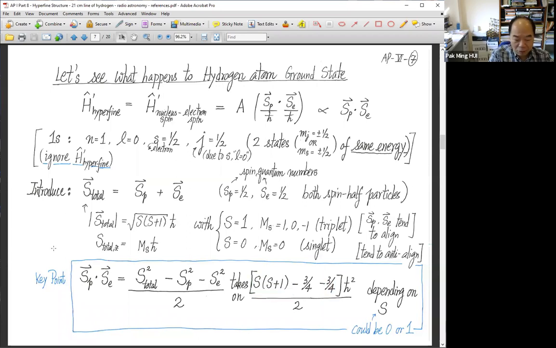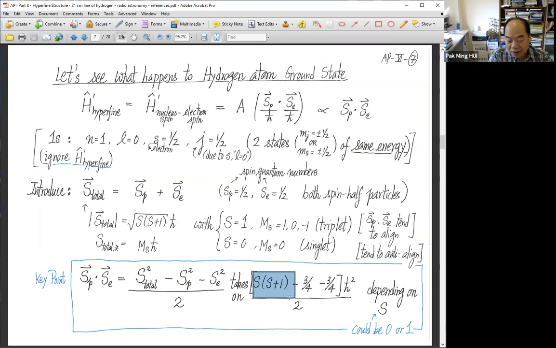Therefore, with this coupling, the S equals 0 singlet state will have a different energy, slightly different, okay, but different energy than the triplet S equals 1 state due to this term.